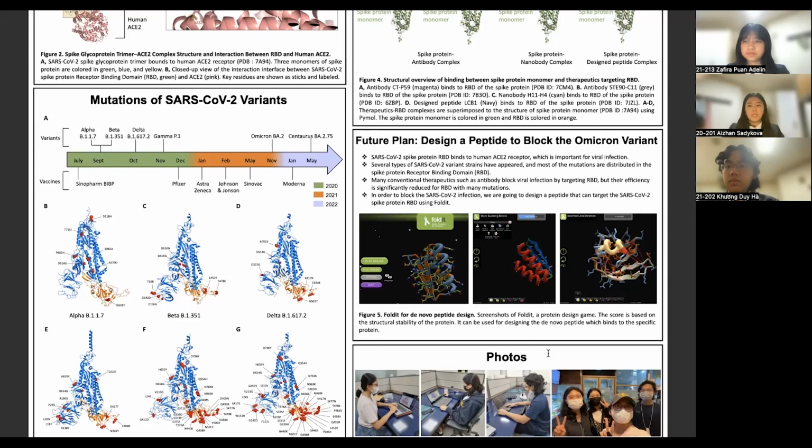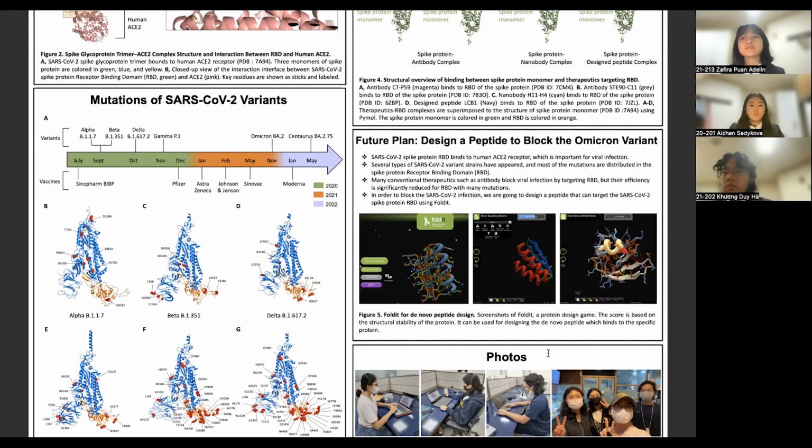The RBD is a key determinant for viral replication, and is also known to be an immunological main target for SARS vaccines with little or no antibody-dependent enhancement. But the efficiency of conventional therapeutics, such as antibodies that block the viral infection by targeting the RBD, is significantly reduced because the RBD has a lot of mutations.